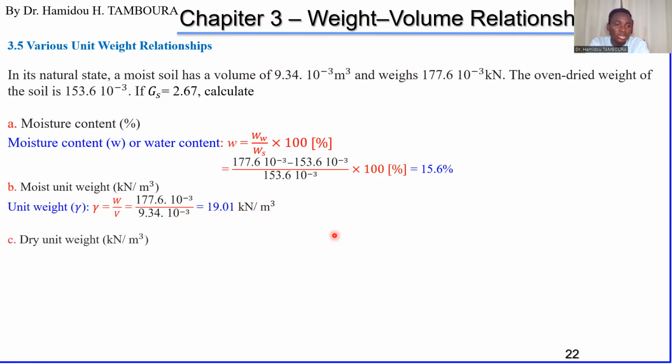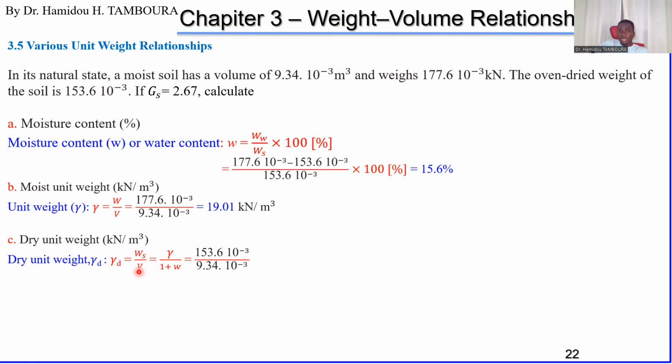The third question is about the dry unit weight. If we have the wet unit weight, we can obtain the dry unit weight very easily by using the relationship between these two. We know that the original formula for the dry unit weight is the weight of soil particles divided by the total volume. That is the definition of the dry unit weight.